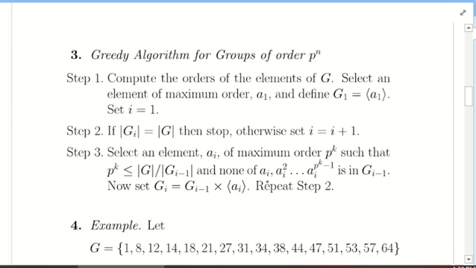That's what this is saying. We set G sub I to be that. Every time we do this, we take away more elements, and what's greedy about it is we're doing it in the biggest chunks possible. Once we find that G sub I has the same order as G, we stop.